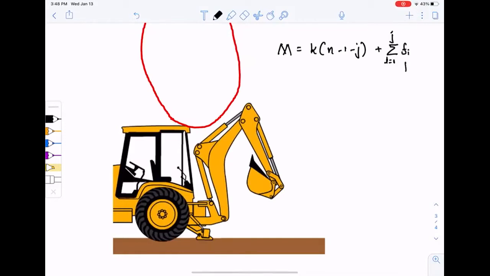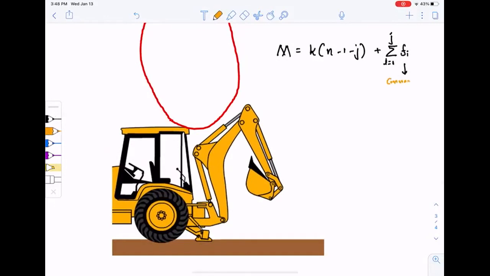Over here, k is the connectivity, as you must be familiar by now, j is the number of joints, and n is the number of links. This depends on whether it is 2D, in which case the value of k will be 3, or 3D, in which case the value of k will be 6.